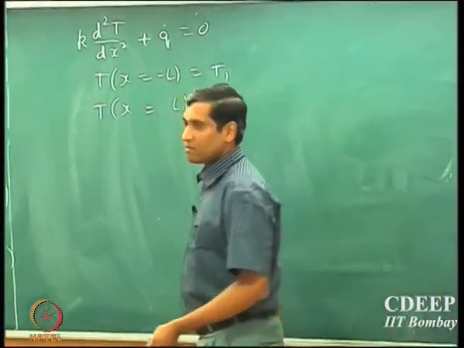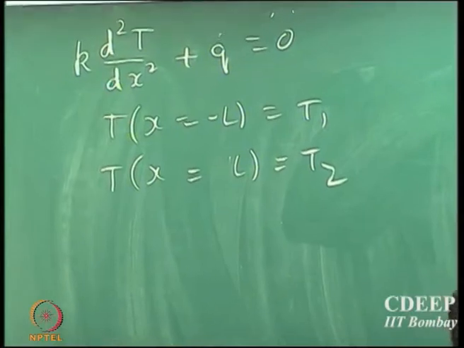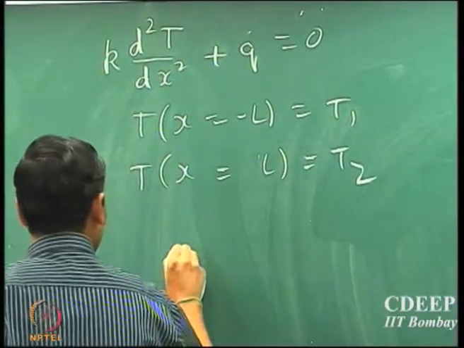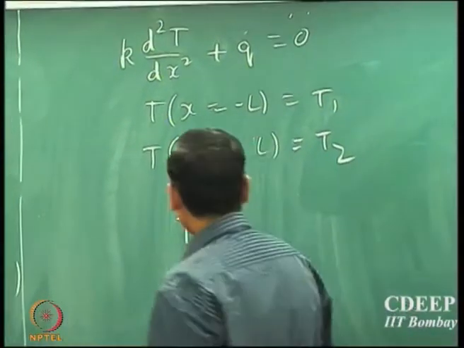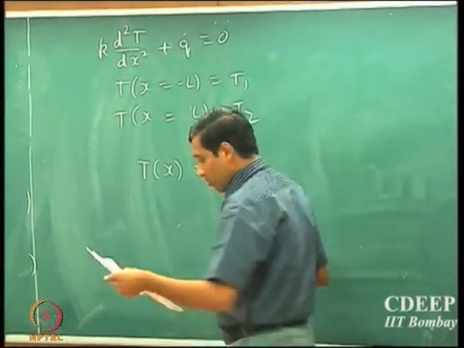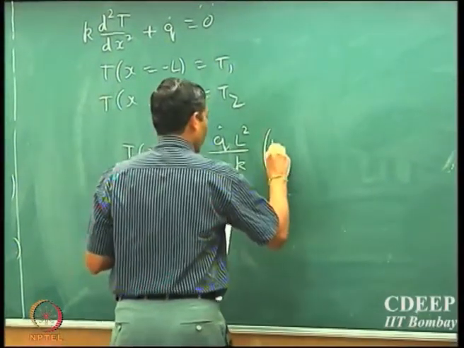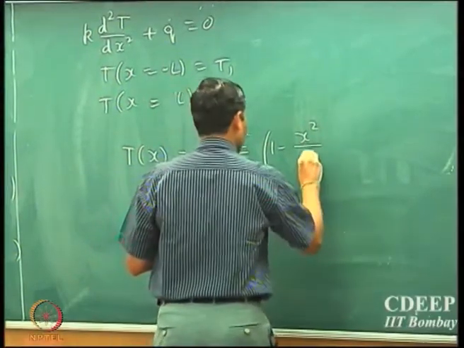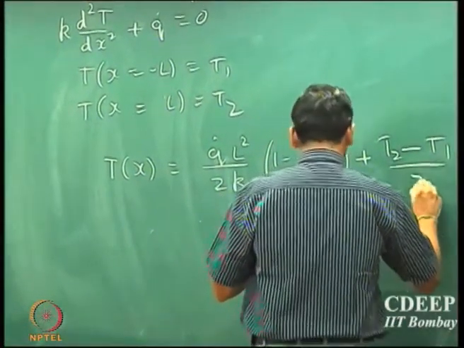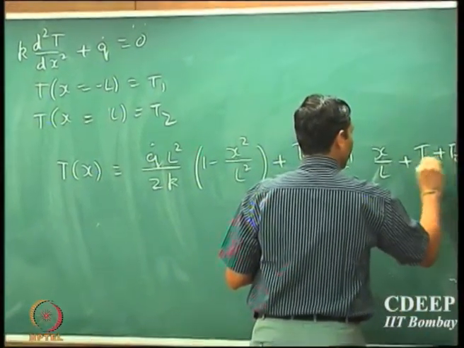I can solve this equation without much effort. I am not going to derive the solution here, so I will give you what the solution is. T of x equals Q dot into L square by 2k into 1 minus x square by L square, plus T2 minus T1 by 2 into x by L, plus T1 plus T2 by 2.